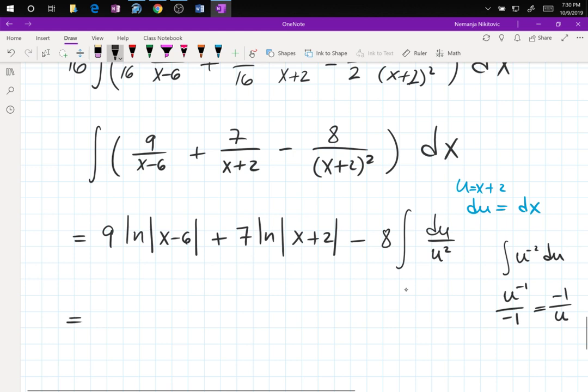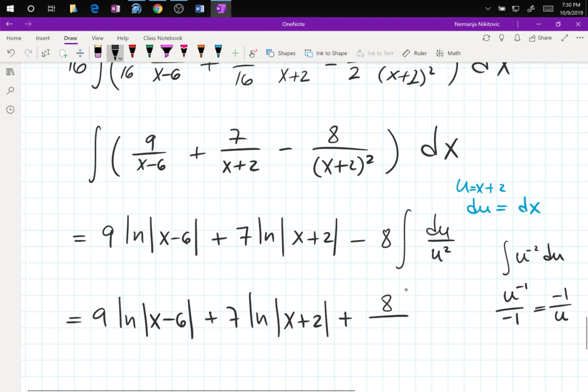So the whole problem is 9 ln of x minus 6 plus 7 ln of x plus 2, and now minus, and minus from the problem gives you a plus 8 over u, and u is x plus 2, plus c. Woohoo!